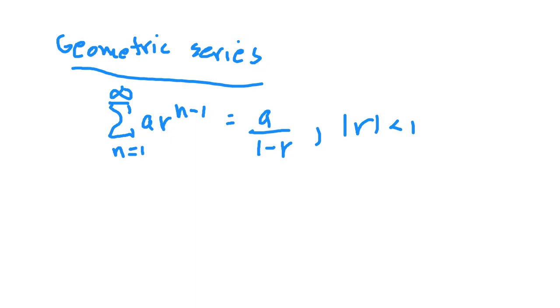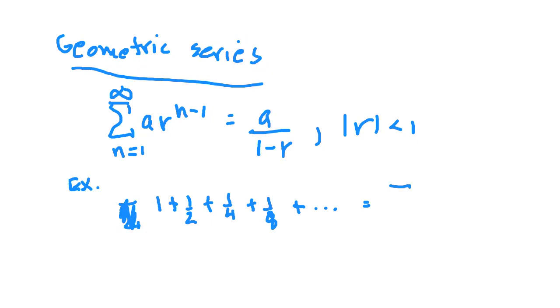So for example, if you had this series, 1 plus a half plus a fourth plus an eighth, and so forth, we could write that series as a series where n goes from 1 to infinity of 1 times some power to the n minus 1.